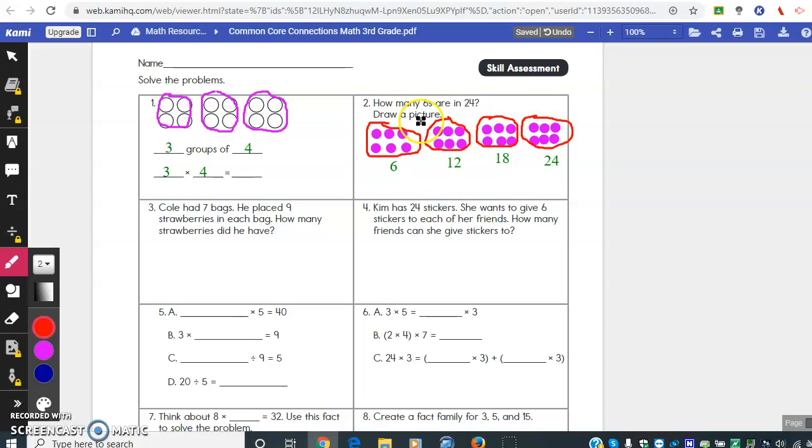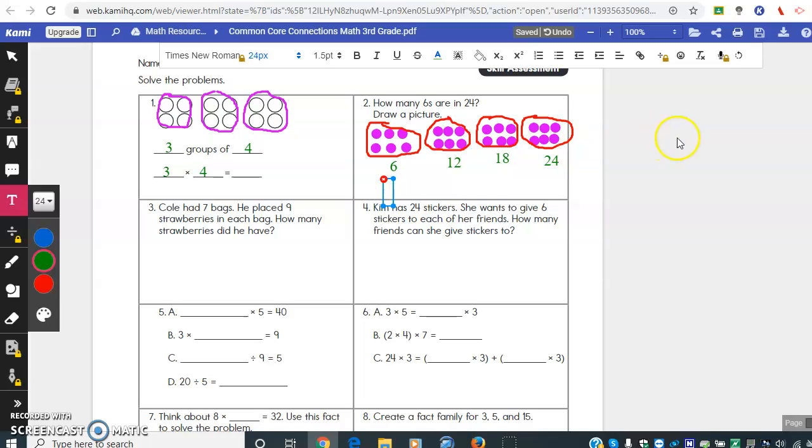And when they say draw a picture, this is what they're talking about. They want you to draw out a picture. Another way to do it would just be to skip count. Like you saw me do up there, I can go like this. 6, another 6 is 12, another 6 is 18, and another 6 is 24. This also counts as a picture, so let me change the color. There we go.